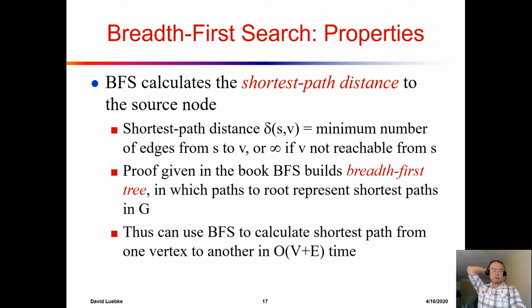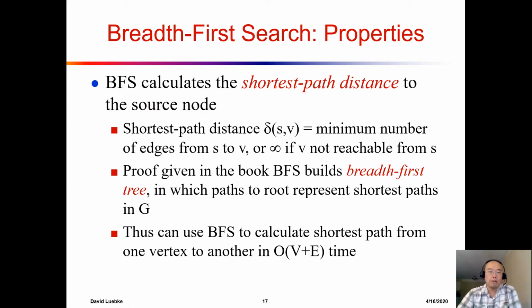Okay, and for the breadth-first search, it helps us visit all the edges and all the nodes, and it also generates a tree structure for us. But in addition, breadth-first search will calculate the shortest path distance from any node to the source node. And the source node is just the tree root, right?